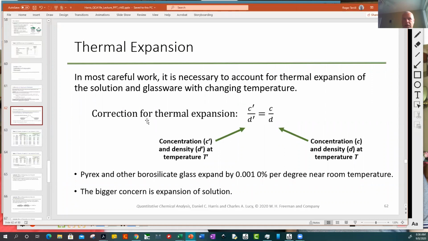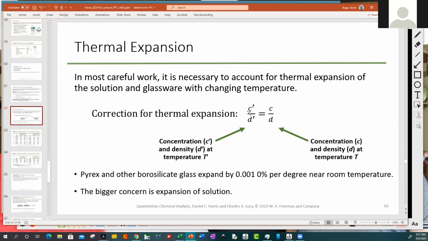There's a couple of considerations to take into account. First of all, is the thermal expansion of the solution, right? So for thermal expansion, you can use this formula, and it's just that the concentration over density is a constant.